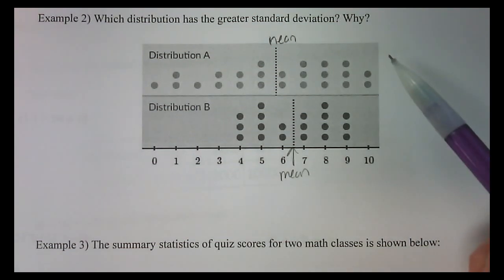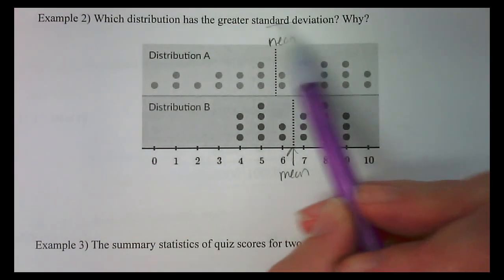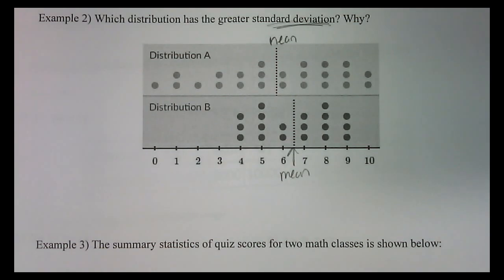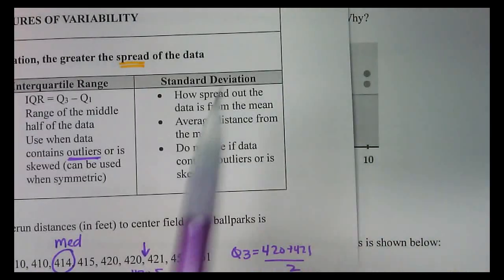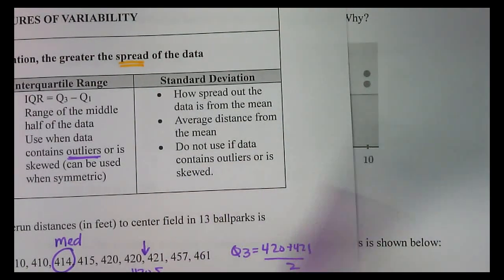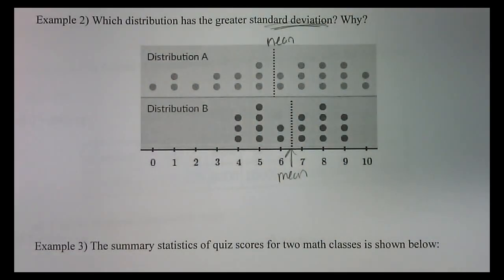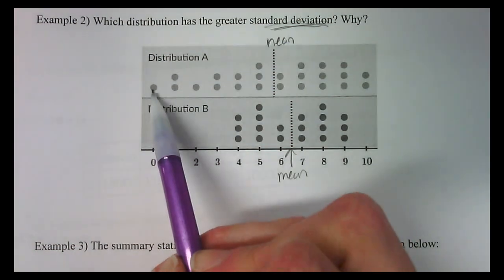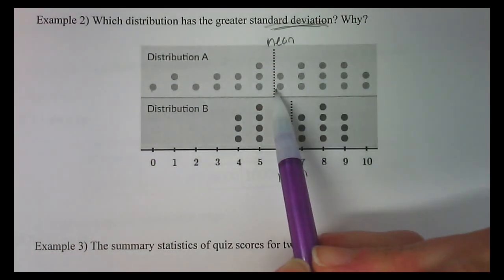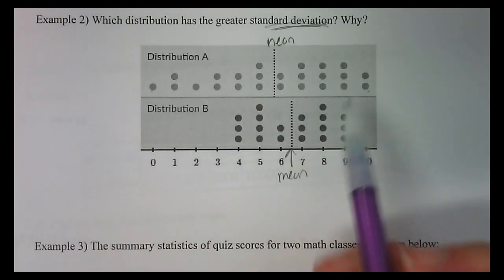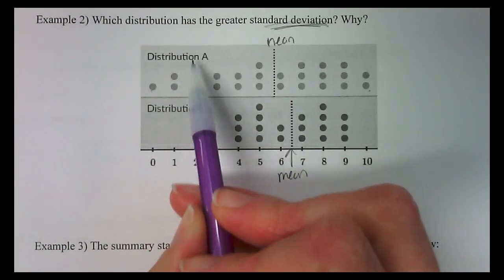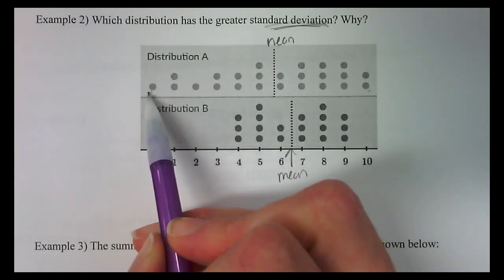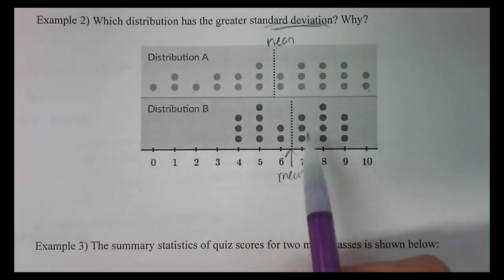Okay, so standard deviation, according to our definitions, said it was how spread out the data is from the mean. So if we're looking at where our mean lies here, and we look at where our minimum is and where our maximum is, we can tell that the top one, distribution A, is spread out farther from the mean.